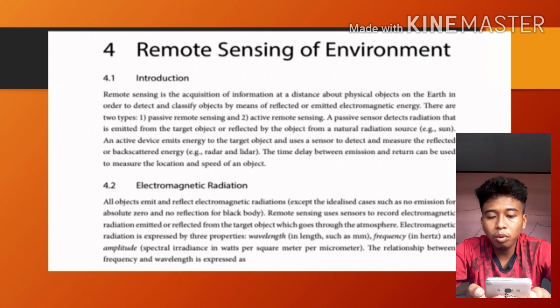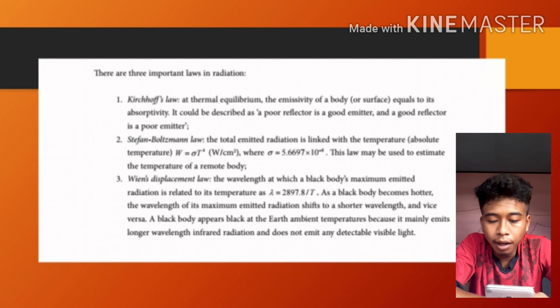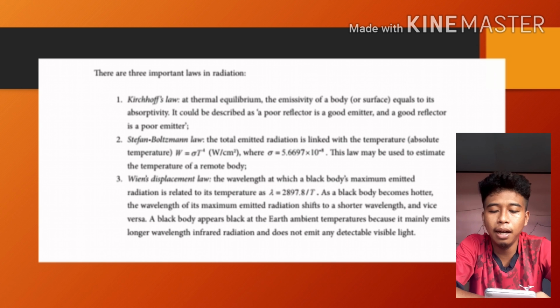Electromagnetic radiation is expressed by three properties: one, wavelength, measured in length such as millimeters; two, frequency; and three, amplitude. There are three important laws in radiation: Kirchhoff's law, the Stefan-Boltzmann law, and Wien's displacement law.